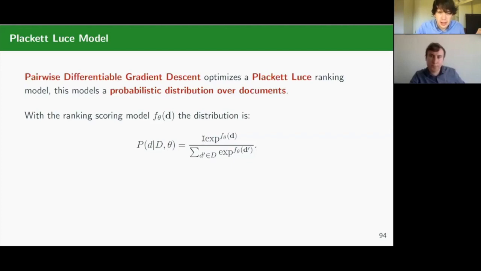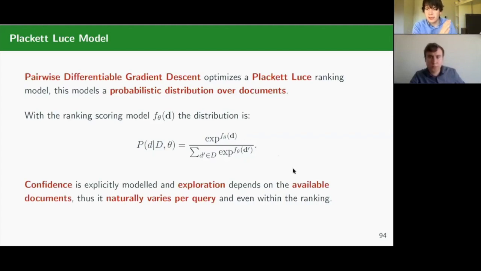We take e to the power of our score so that we get a positive number, and we divide by the sum over e to the power of all the other documents. So this is always a valid ranking, just like you see in any softmax layer. And this gives us the probability that one document is the best document that should be placed next out of the entire document set, according to our parameters.